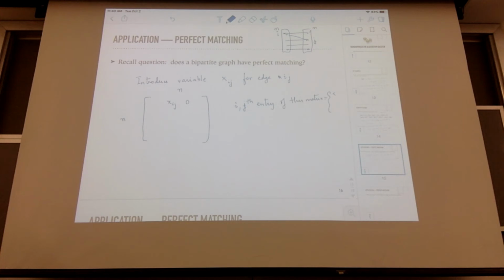Note that the x's are variables, like x, y, z kind of things, so I just have multiple variables. This matrix I will call M. Now, what is the determinant of M?